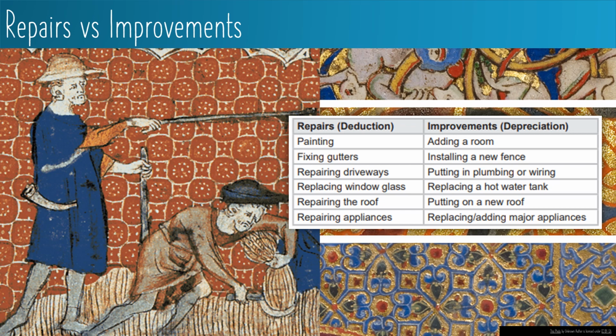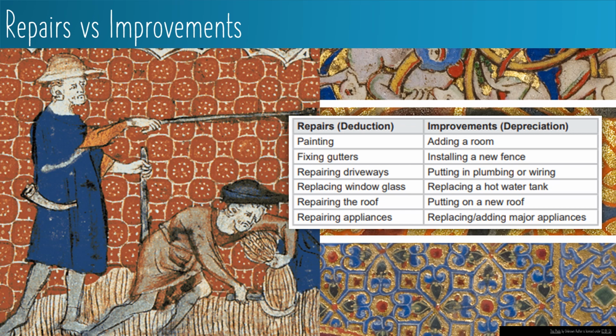Installing a new fence is an improvement. Putting in plumbing or wiring, these are very big changes to that house. Replacing the hot water tank, putting on a new roof, or replacing or adding major appliances.